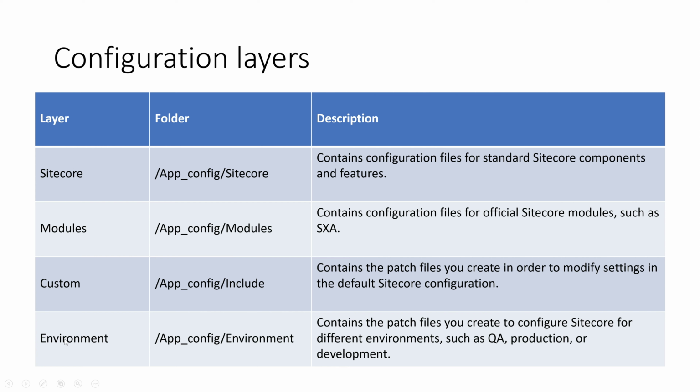And these two, custom and environment, are what we developers are going to use a lot. We can use them for any custom configurations, patches, and to modify settings. All this work is done by us targeting these two layers, custom and environment.